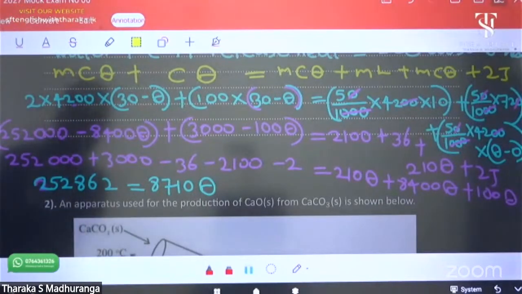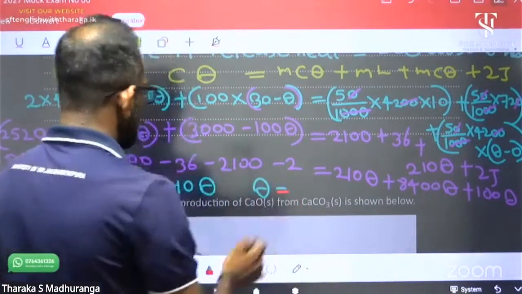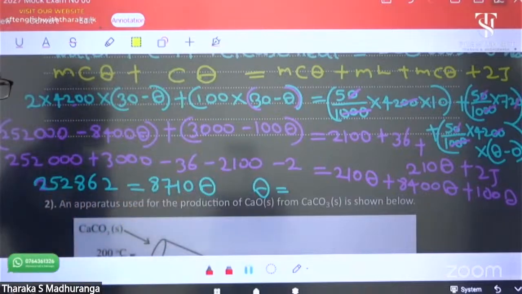Then you can isolate theta. Then theta equals this value divided by 8,710.